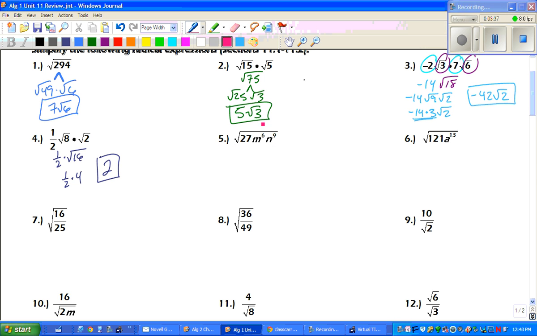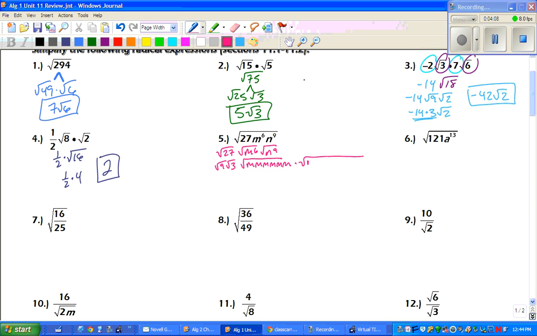Now, problems like number 5, we want to break each one of these down individually. Okay, and now that we've broken it down, we know that's 9 and 3. We'll write this out the long way. 1, 2, 3, 4, 5, 6.